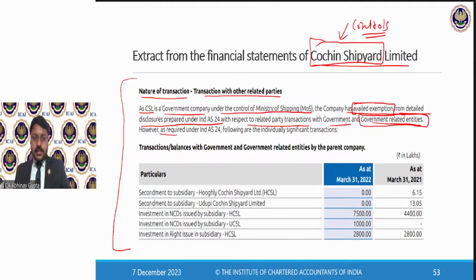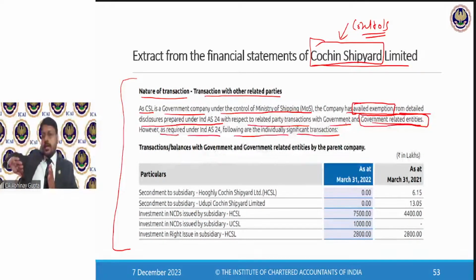However, as required under Ind AS 24, following are the individually significant transactions. So now the relaxation is that only those transactions which are individually material or individually significant need to be disclosed. If they are not individually material or significant, I can skip disclosing those transactions. So that is the benefit of this exemption.